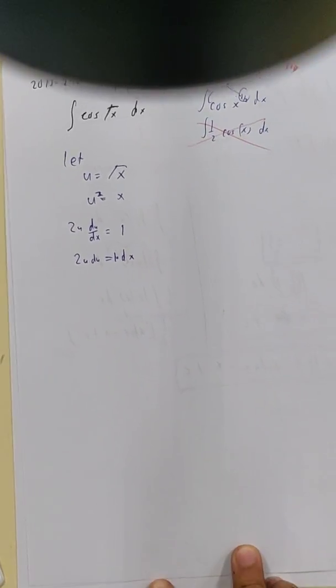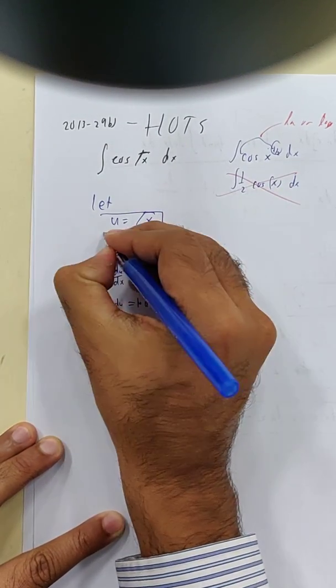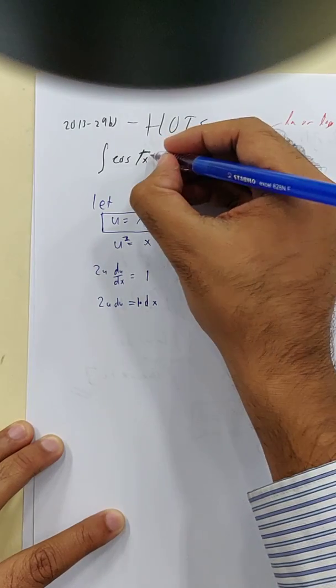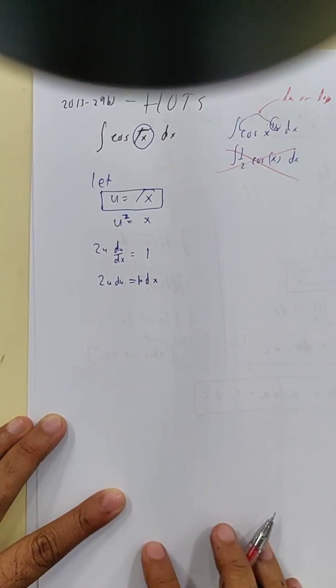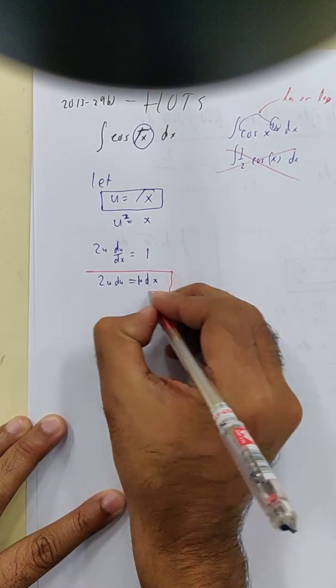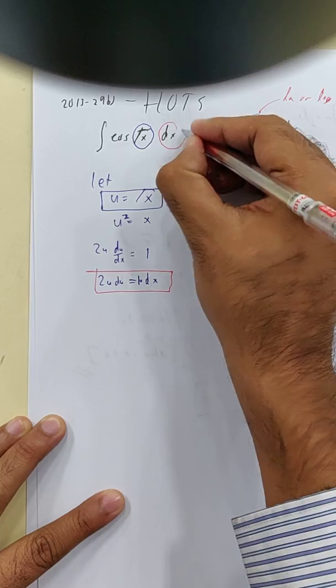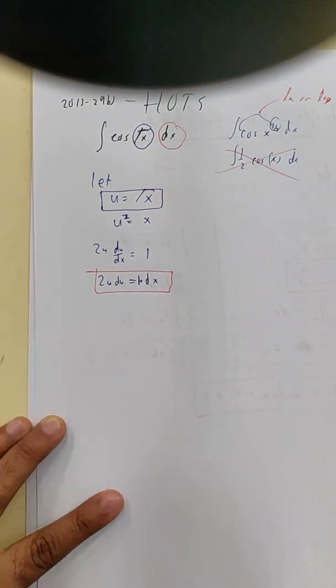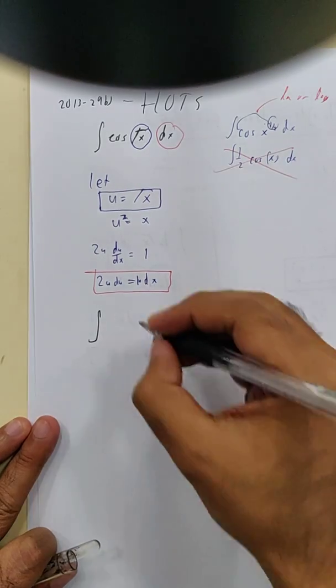How do you continue? Okay, so I try to substitute and I said, okay, this one here, substitute where? Okay, and then this one here, substitute where? Okay, so what do I get?